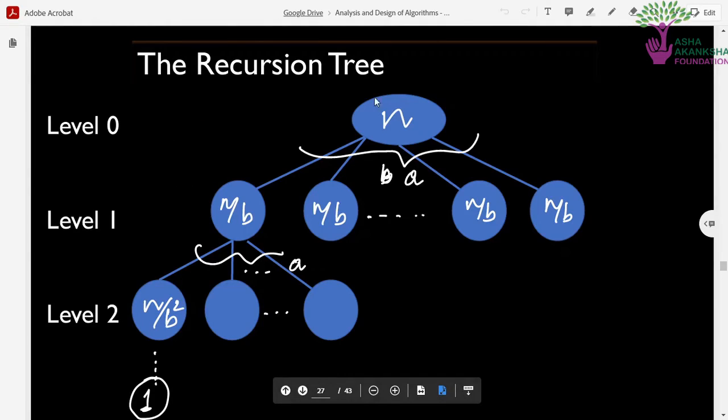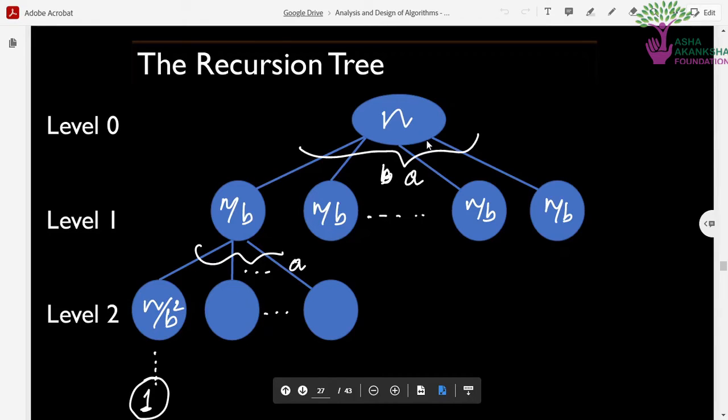So like this was the recursion tree. I drew a similar recursion tree on the rough board. As you know, the tree has certain levels. This is level 0, level 1, level 2. At level 0, which is the main function call of the overall algorithm, we are given the size of the problem to be n.